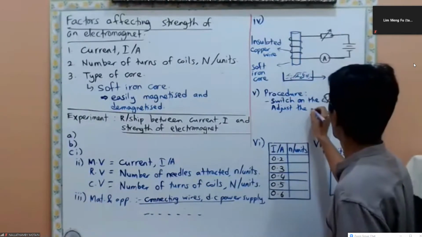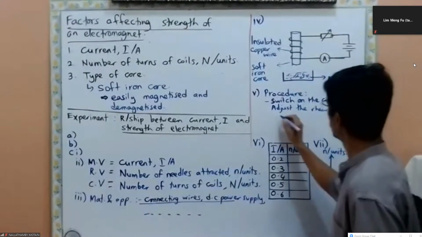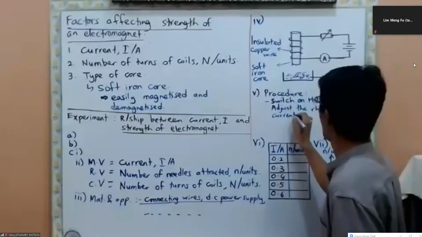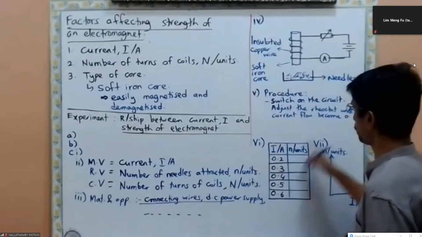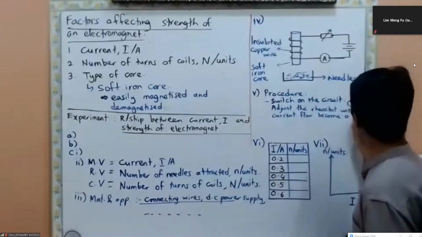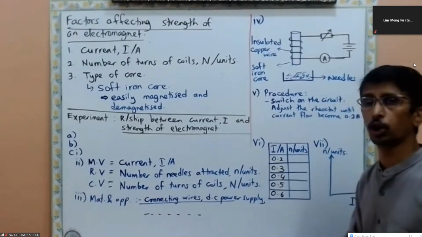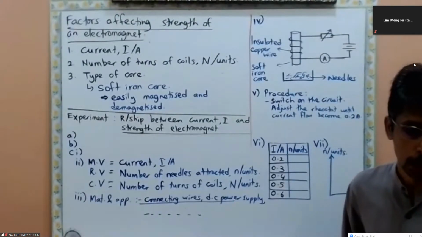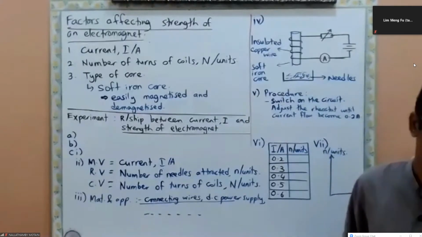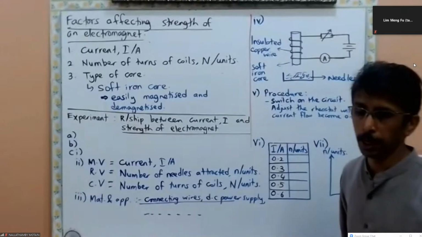Adjust the rheostat until current flow becomes 0.2 ampere. Adjust the rheostat until current flow becomes 0.2 ampere.